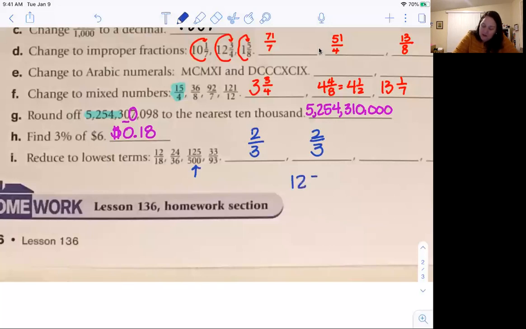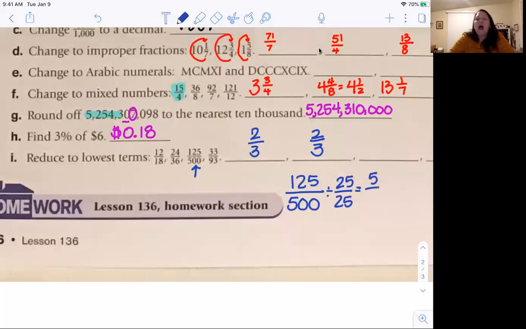Okay, the third one, 125 over 500. Remember, anytime we're talking about multiples of 25, I like to think of them as money. Could we divide by 25 even if we didn't know the greatest common factor in this one? Because you can think of it as like $1.25 and $5. You can. And I like to do that anytime we have multiples of 25. So how many times does 25 go into 125? Or how many quarters go into $1.25? 5.